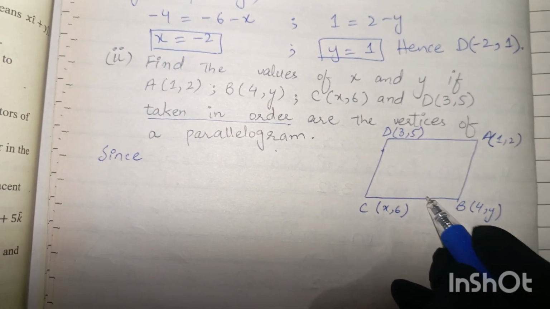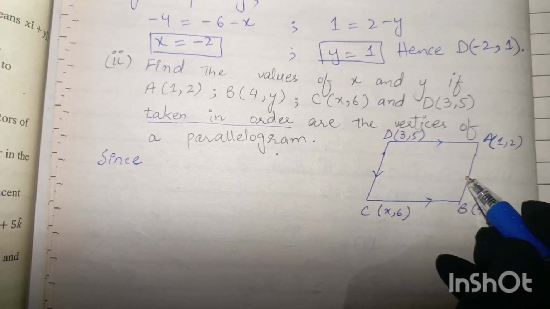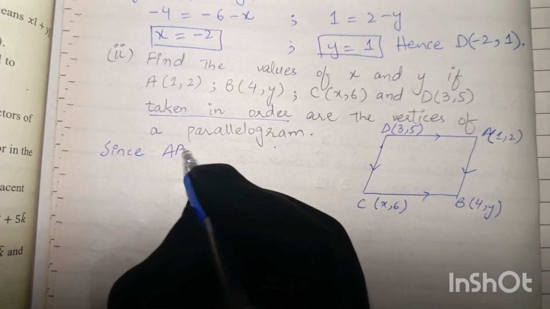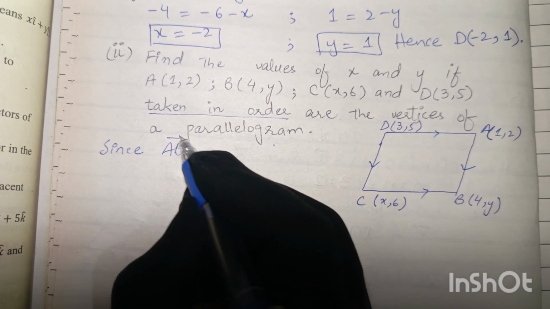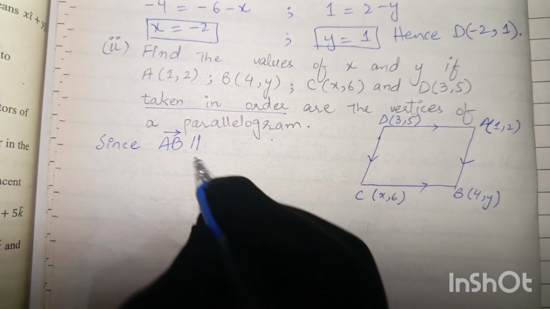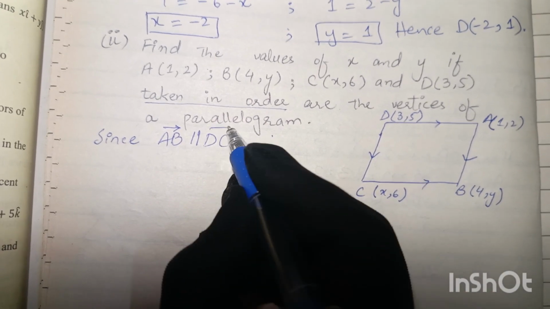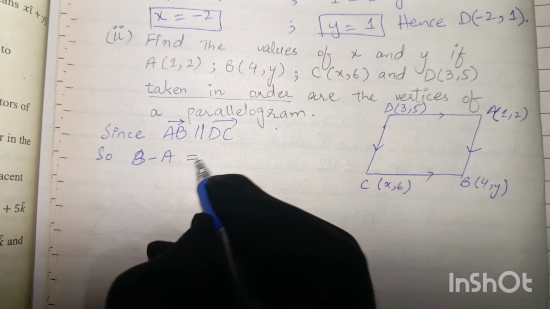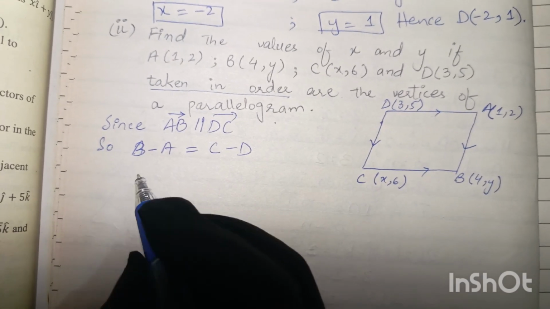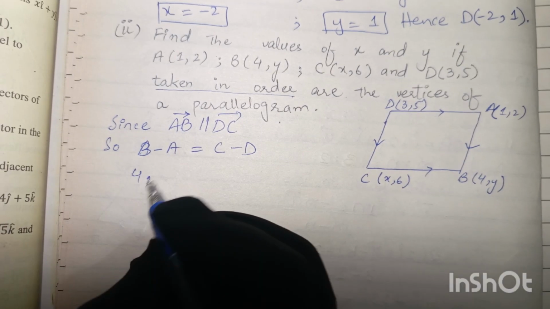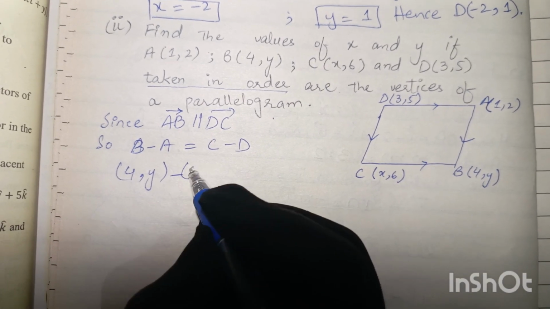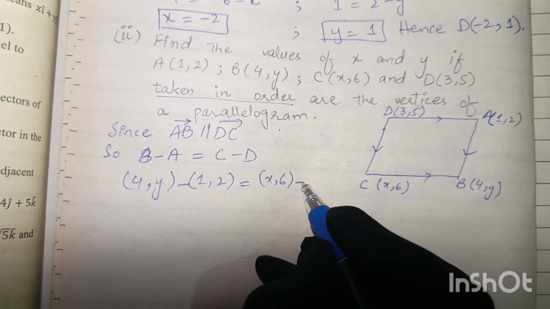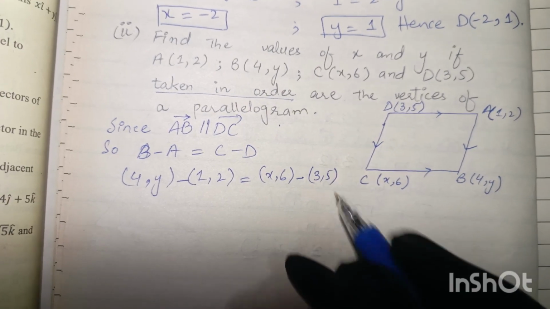Since AB is parallel to DC, B minus A must be equal to C minus D. So the value of B is (4, y) minus A (1, 2) and (x, 6) minus (3, 5).